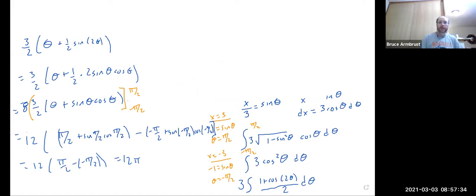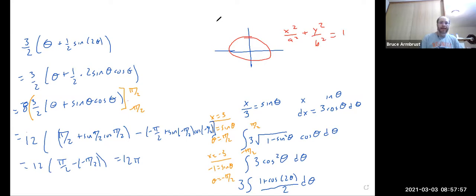All right, so if you do this generically on an ellipse, so let's say here's our ellipse, and this ellipse is given by x squared over a squared plus y squared over b squared equals 1.